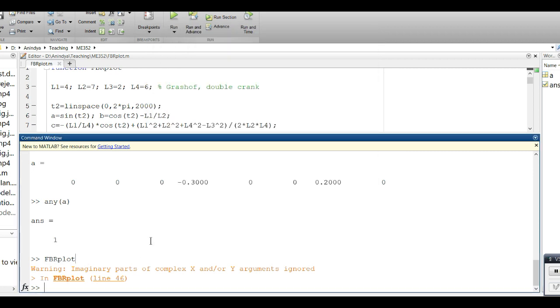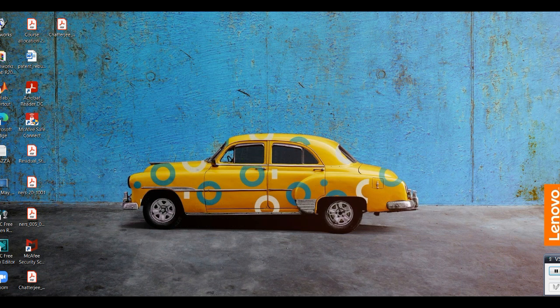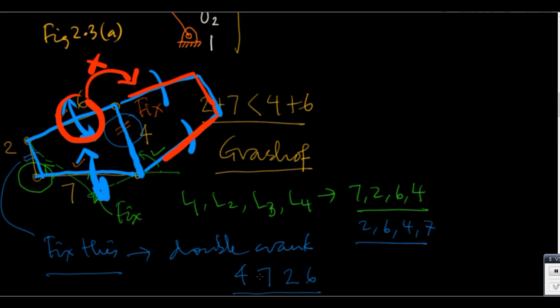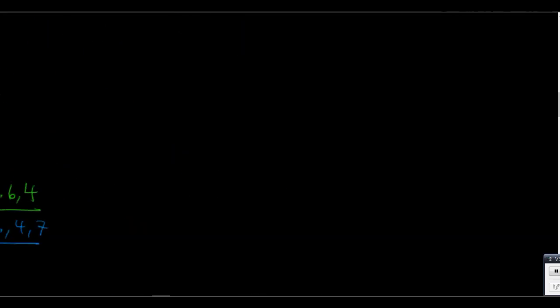Let's do a non-Grashof. For a non-Grashof, we have to just figure out what to use. All non-Grashof mechanisms are double rockers, so that part of it is not a problem. Let's try 7, 4, 5, 5.